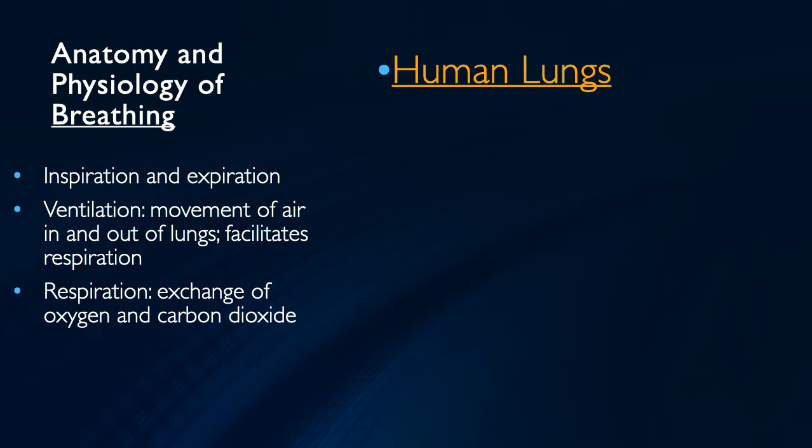So, inspiration and expiration, we have ventilation, which is the movement of air in and out of the lungs, and this facilitates respirations. Respiration is then the exchange of oxygen and carbon dioxide.